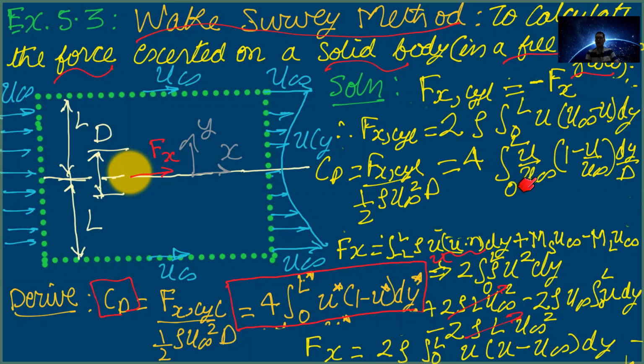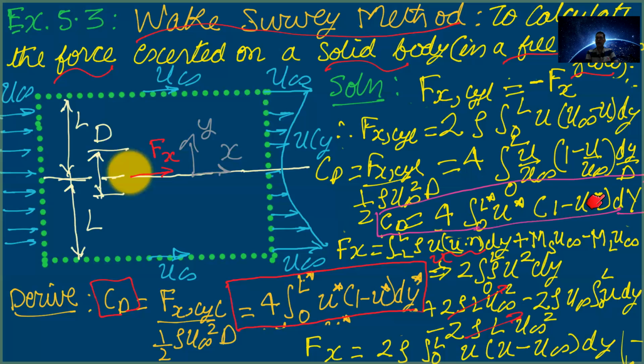So this is your u star into 1 minus u star. Now the small y by d is y star. Okay, so if you do that, the limits of the integral will also change. Because if you define capital Y is equal to small y by d, so at small y 0, capital Y is 0, and at small y L, this is L star.